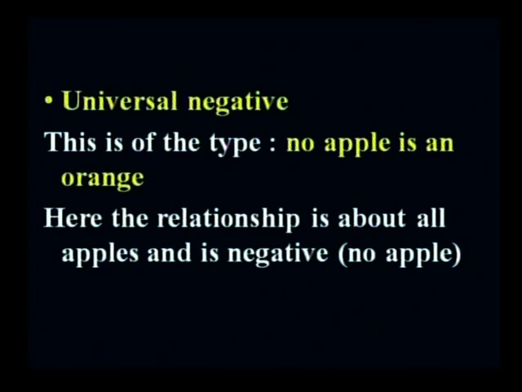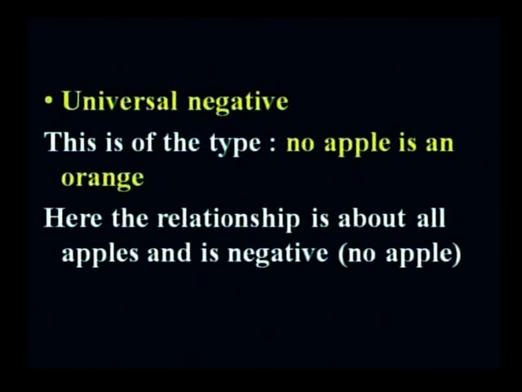Let me take you to the next type of statement, which is the universal negative. What is meant by universal negative? You have a statement of the form: no apple is an orange. What is the relationship we are discussing? No apple is an orange.